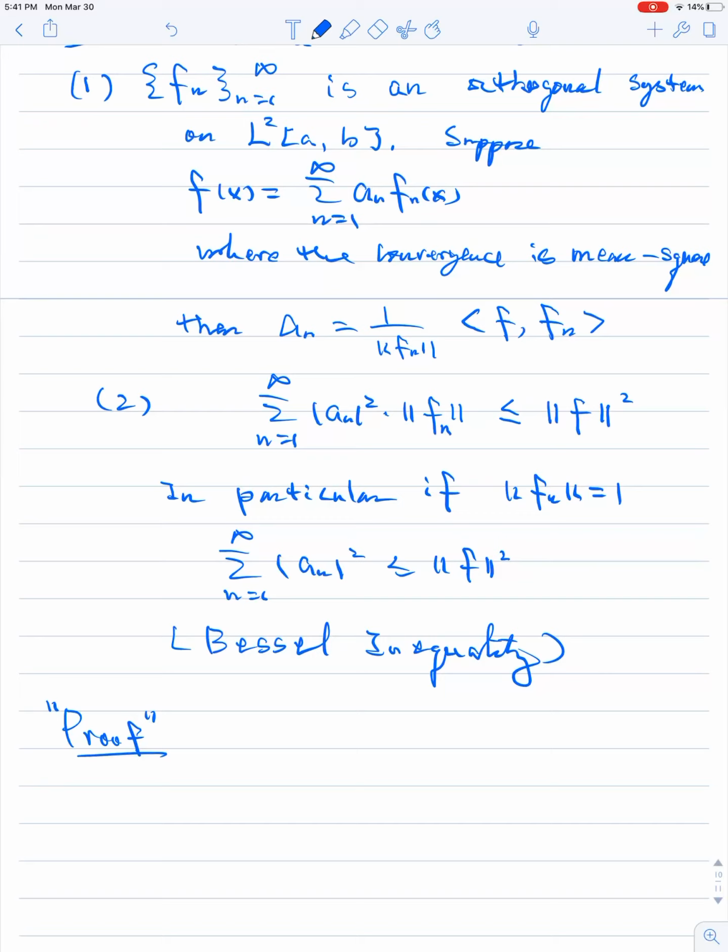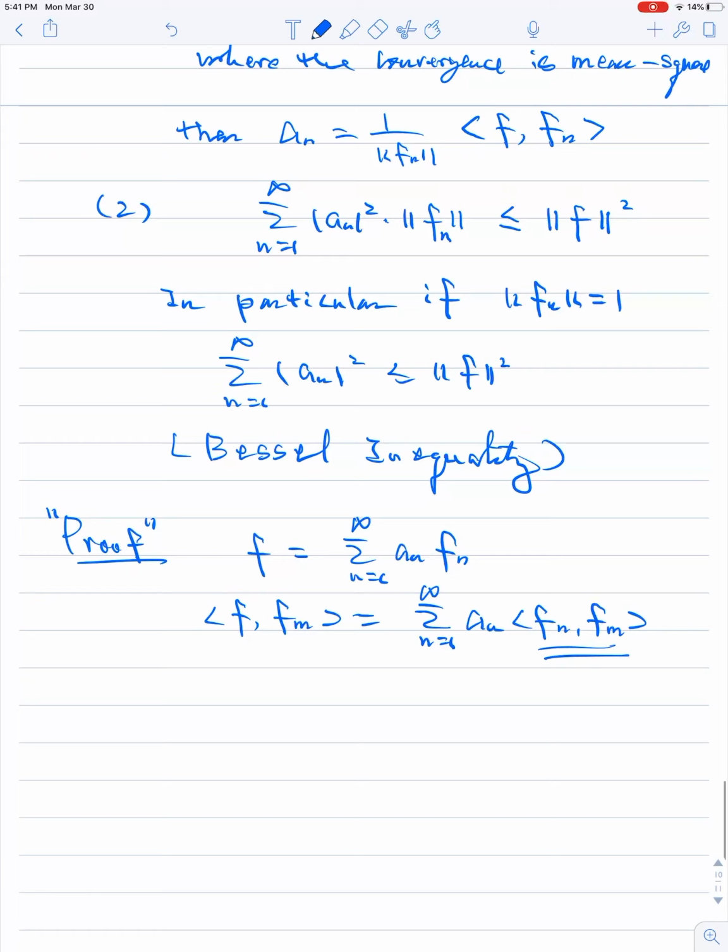Now, how do we determine these coefficients? You have f equals the sum of a_n f_n, n from 1 to infinity. You find the inner product of f with f_m, and this is the sum from n equals 1 to infinity of a_n times the inner product of f_n and f_m. But we know that this is orthogonal, so if n is not m, it would be 0.